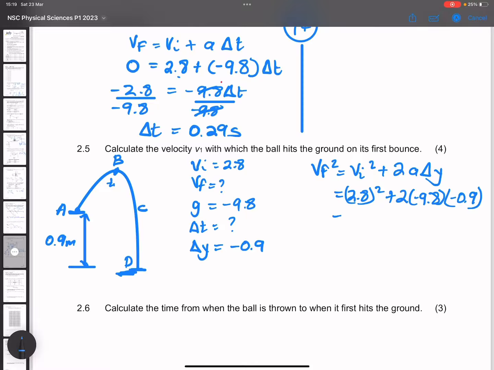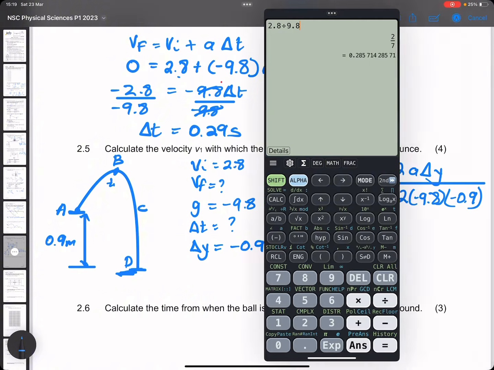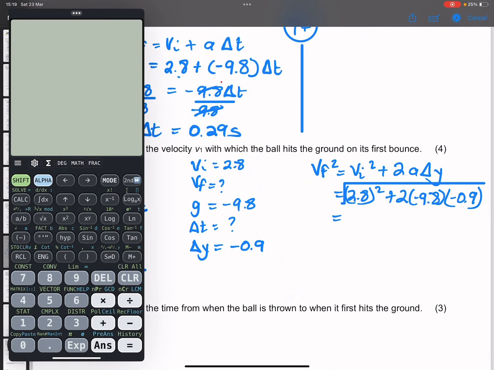Okay, right, and so to get that velocity, we'll just simply take the square root of all of that. Okay, so let's try and find that there. We've got the square root of 2.8 squared, plus 2 times negative 9.8 times negative 0.9, okay, and I get a velocity there.